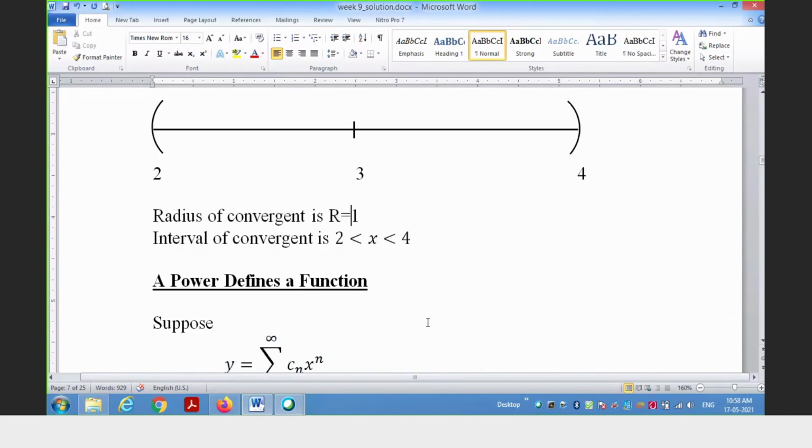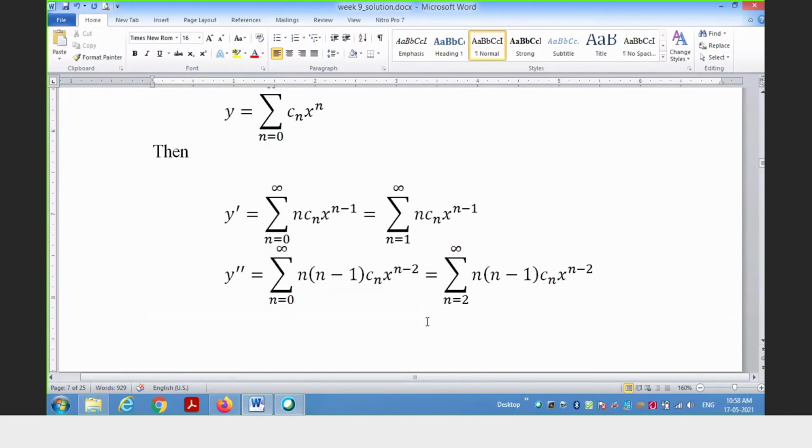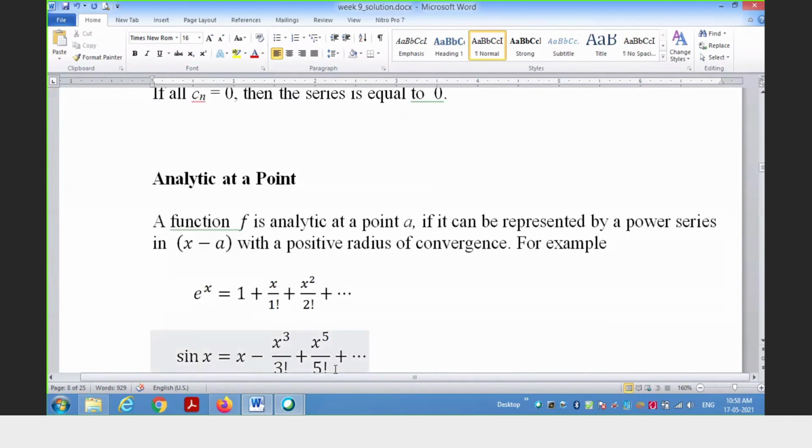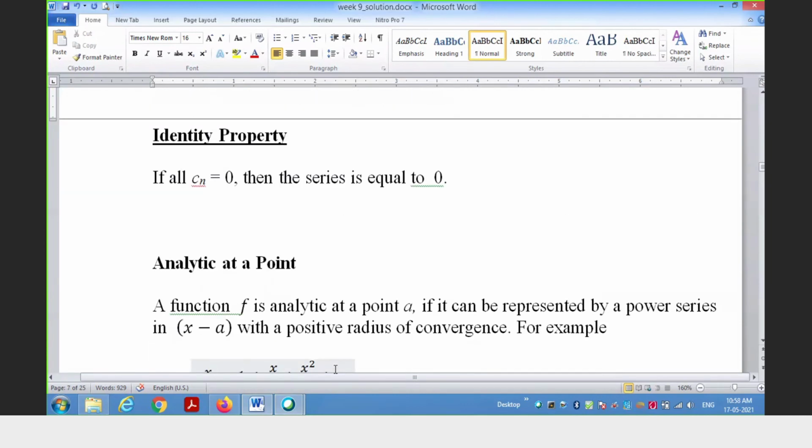If there are no questions, now there are some terms that you need to familiarize with. We call it analytic at a point.